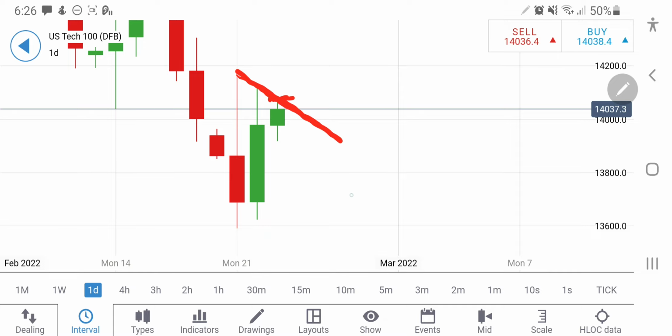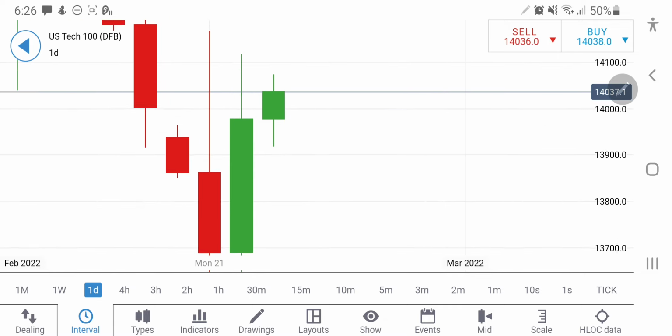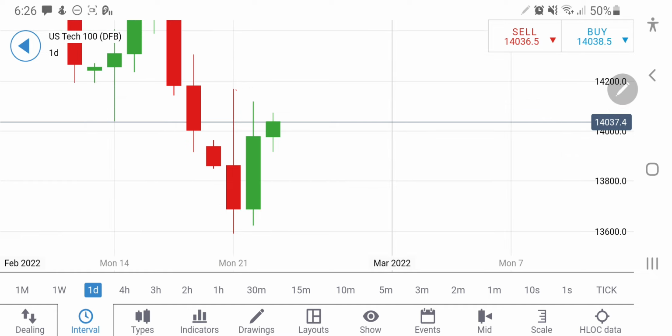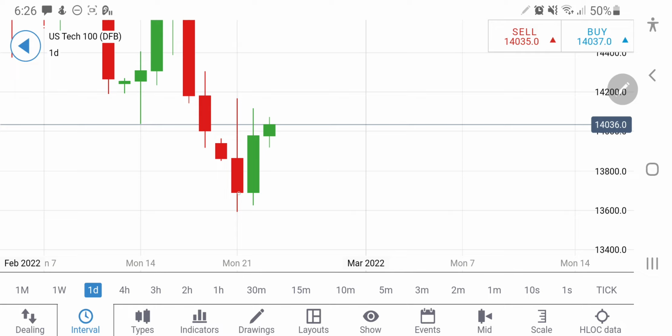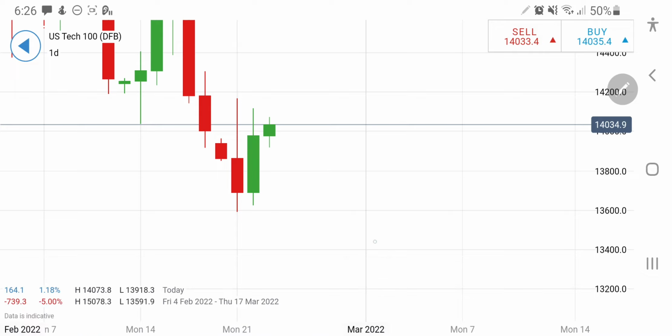If it breaks this zone, that is the time you can expect it to fly from there. A definite rise beyond 14100 will take it towards 14180, 14200, and 14250 and 300 levels are also very much possible. We might see a stronger green candle of similar size. On the flip side, once it breaks 13950, you can again expect it to come back towards 13700 levels.